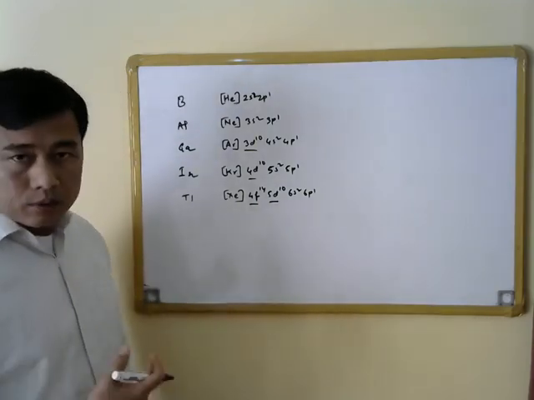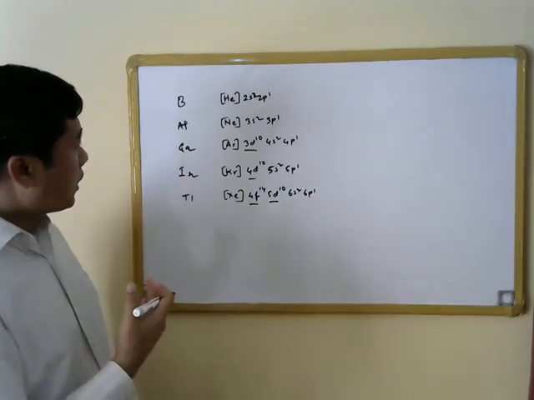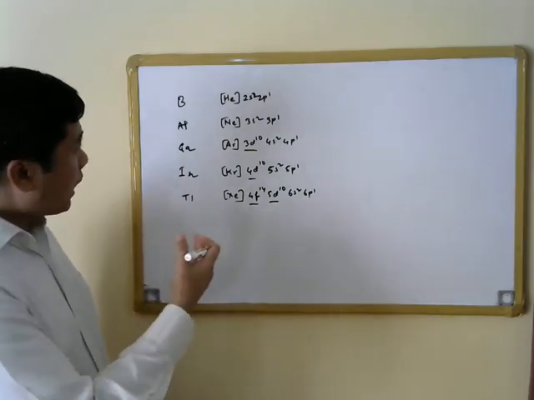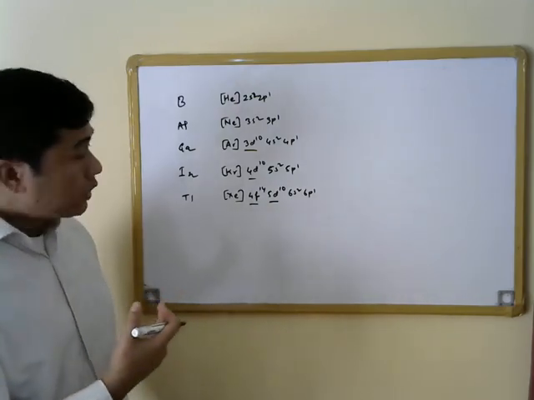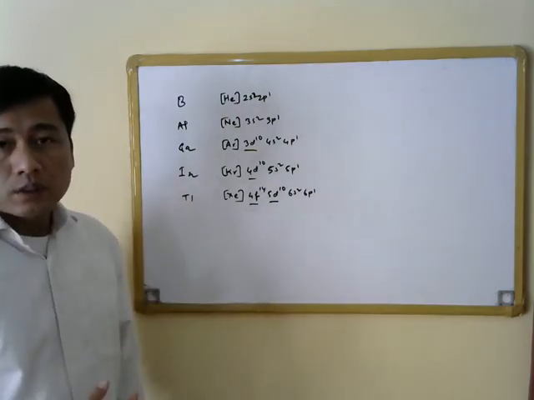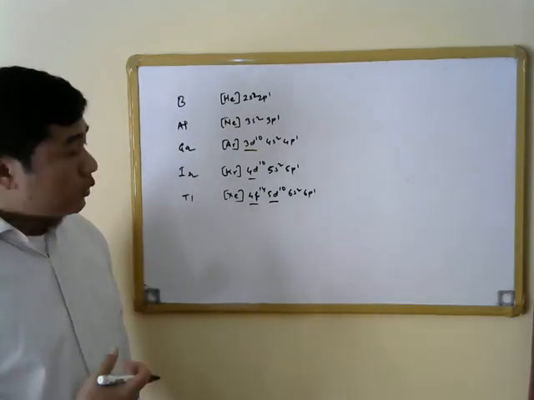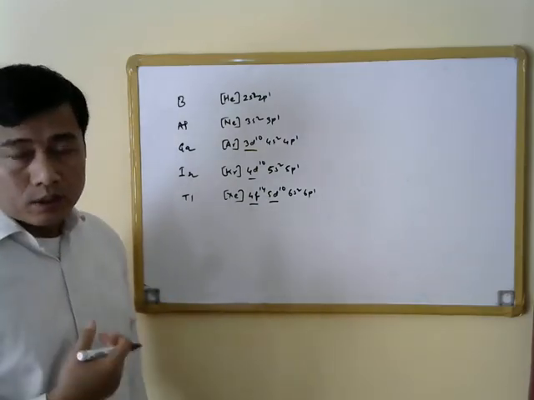So this makes a difference in the chemistry of these compounds, and we will of course try to elaborate how this difference in valence electronic configuration changes the properties of these compounds.